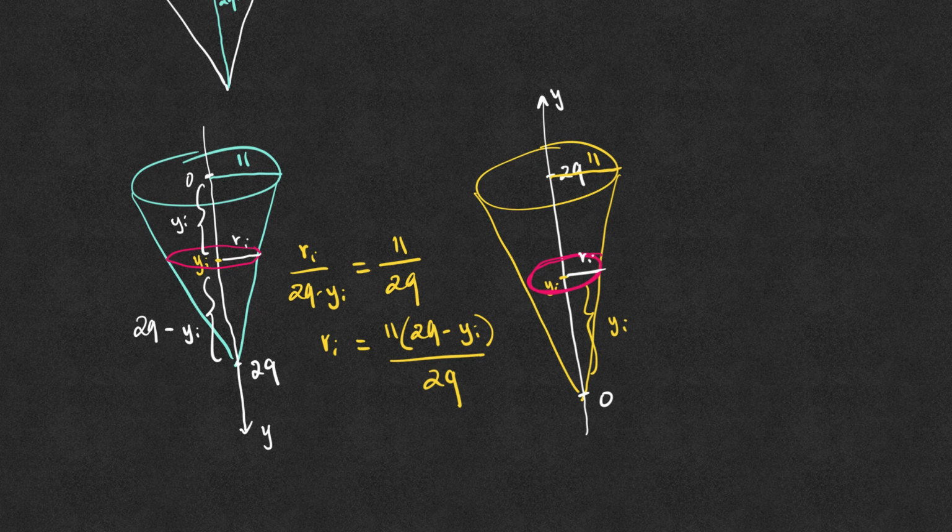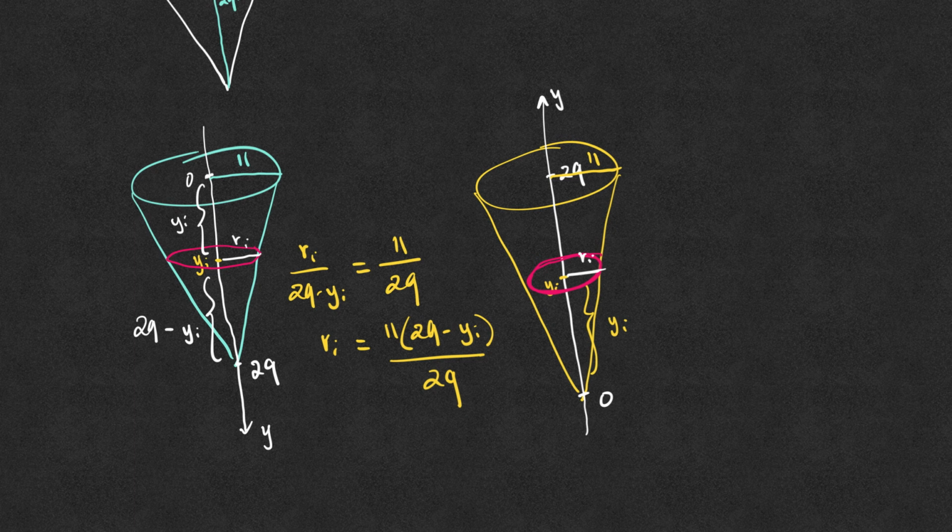There are two similar triangles here. The smaller triangle has the radius r sub i and the height of y sub i, the distance from 0 to y sub i. The big triangle has a radius of 11 and the height of 29. The distance from 0 to 29 is 29.